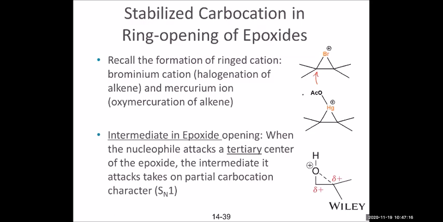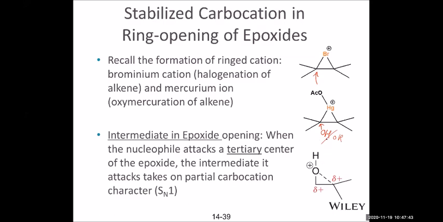The alkene goes through oxymercuration, demercuration to form alcohol. That reaction also has mercury forming the intermediate with the alkene, followed by the nucleophile, typically water, attacking, or alcohol, which will give you ether. So that will give you the ring open and the final product.